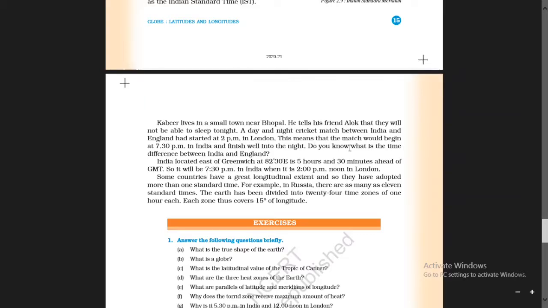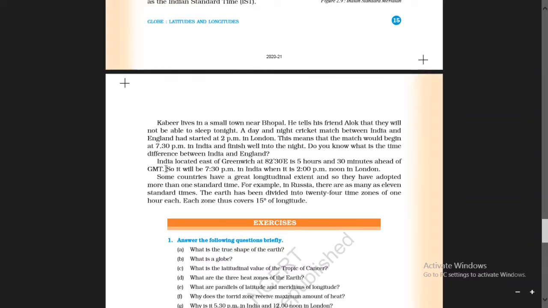Do you know what is the time difference between India and England? By calculation, we can find out this. India, located east of Greenwich at 82 degree 30-minute east, is 5 hours and 30 minutes ahead of GMT.